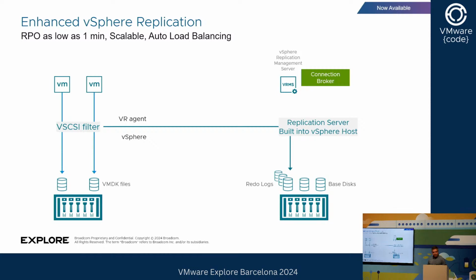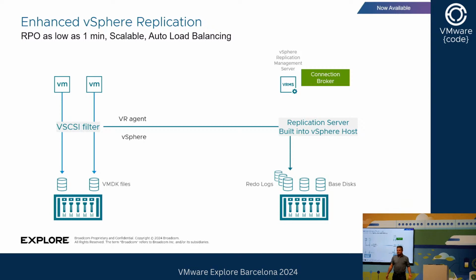And what is enhanced vSphere Replication? This is a re-architecture of our vSphere Replication offering. In the past, the replication traffic went from the source ESX to the target HBR server, the host-based replication management server, and then from this server through network file copy, the data was written in the underlying data store of the ESX.